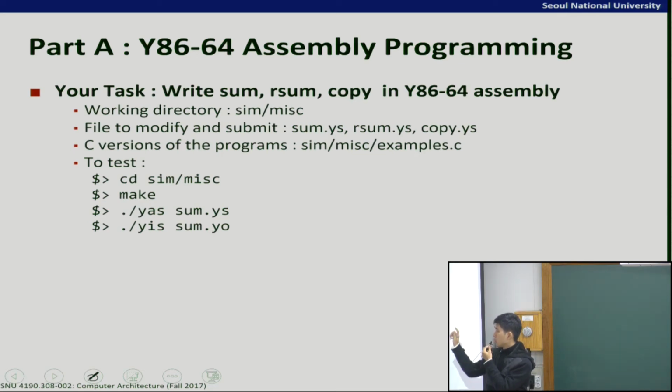You make the assembler and interpreter, and use YAS and YIS to turn the assembly code into an object file and run it.